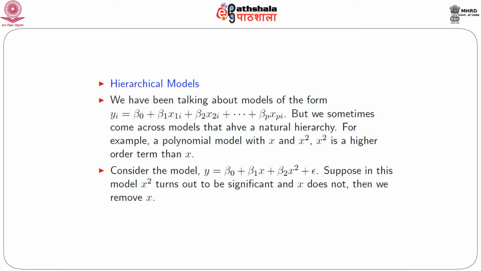For example, a polynomial model with two terms x and x squared, where x squared is a higher order term than x. Now, consider the model y equals beta naught plus beta 1 x plus beta 2 x squared plus epsilon. Suppose in this model x squared turns out to be significant where x does not. Then we remove x and write the model with only x squared.